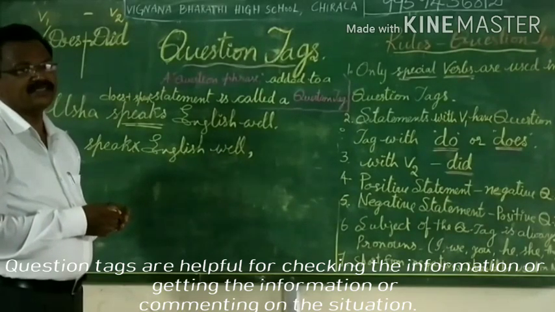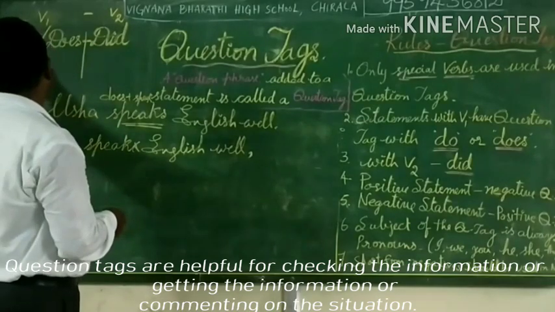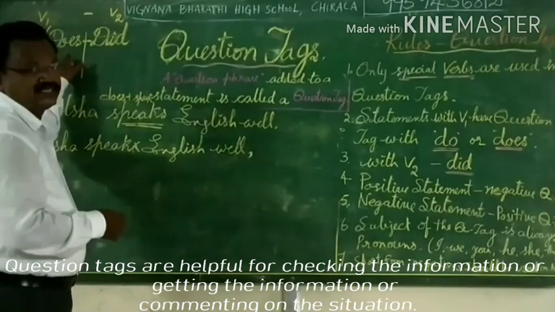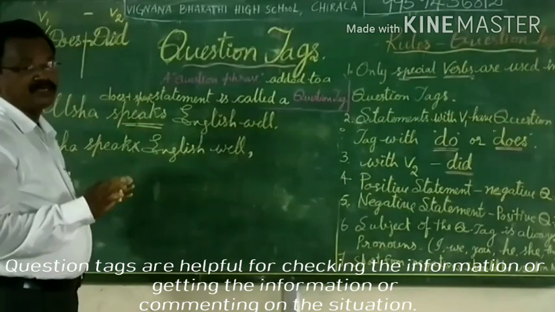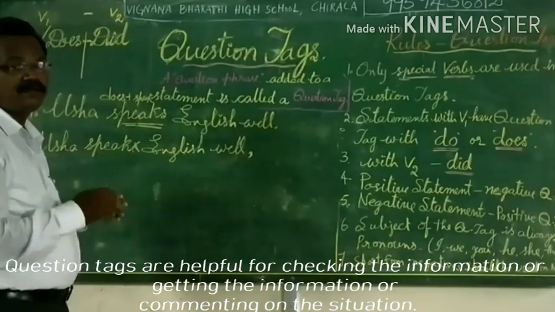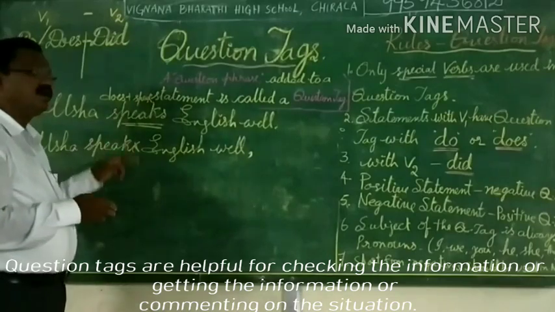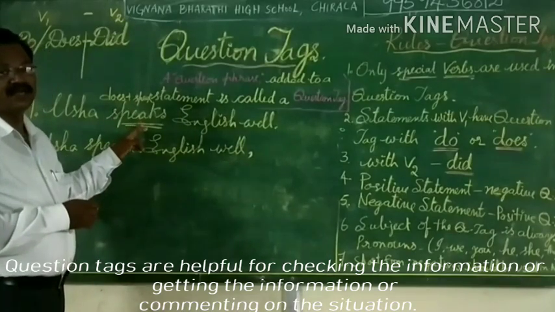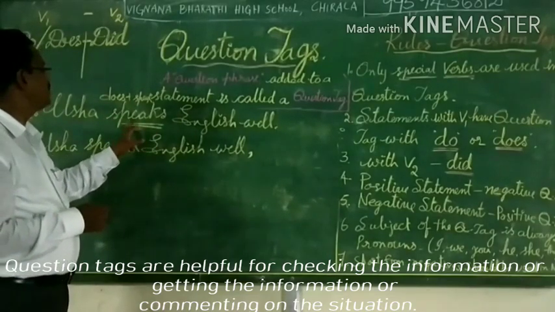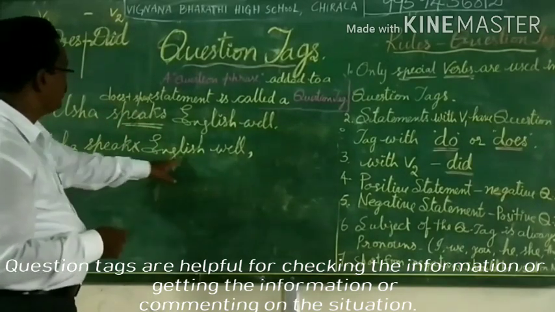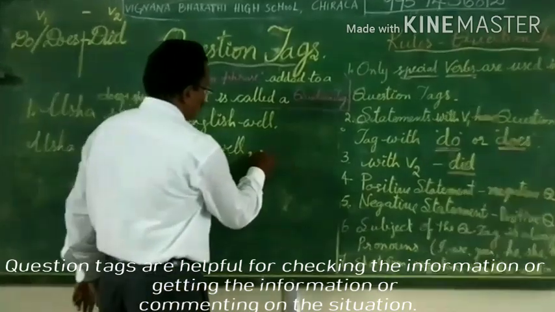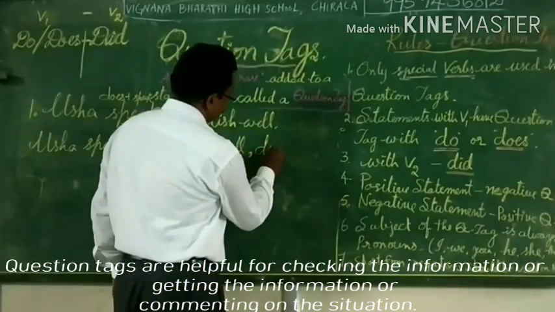If it is in present tense and comes under do form, we take do. Otherwise, if it is in the does form, we take does. Usha speaks English well. Here, does.